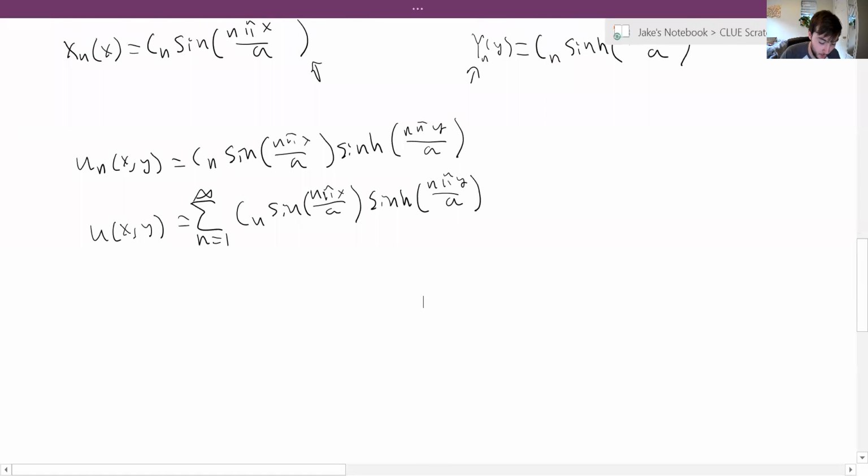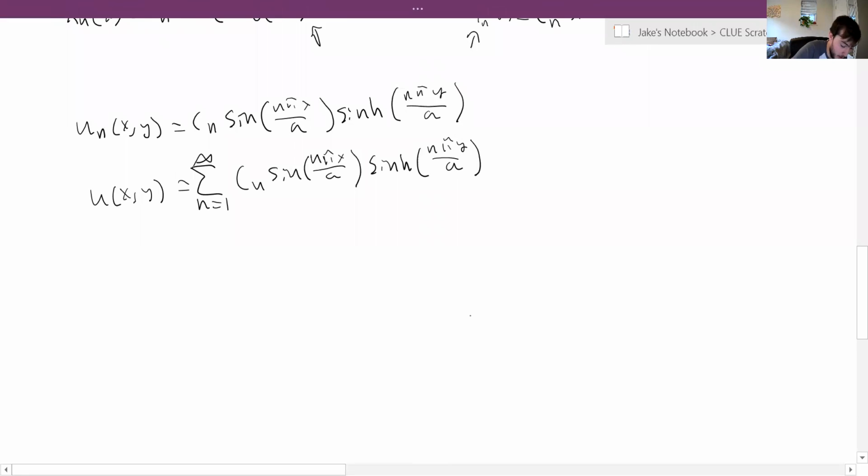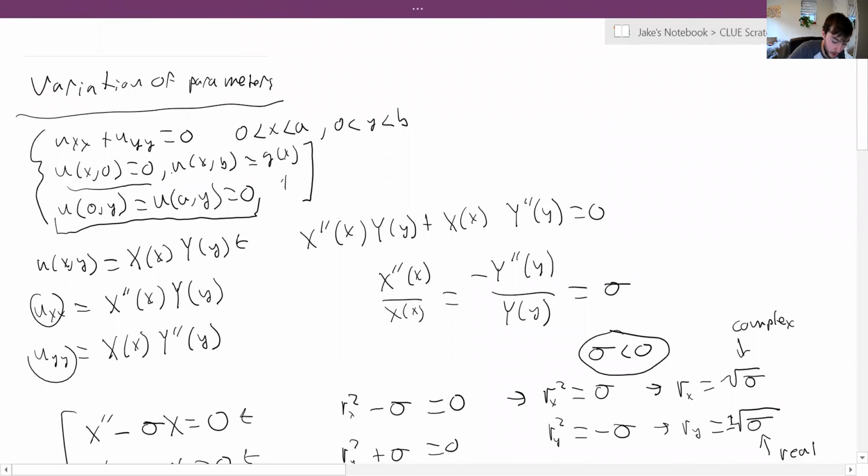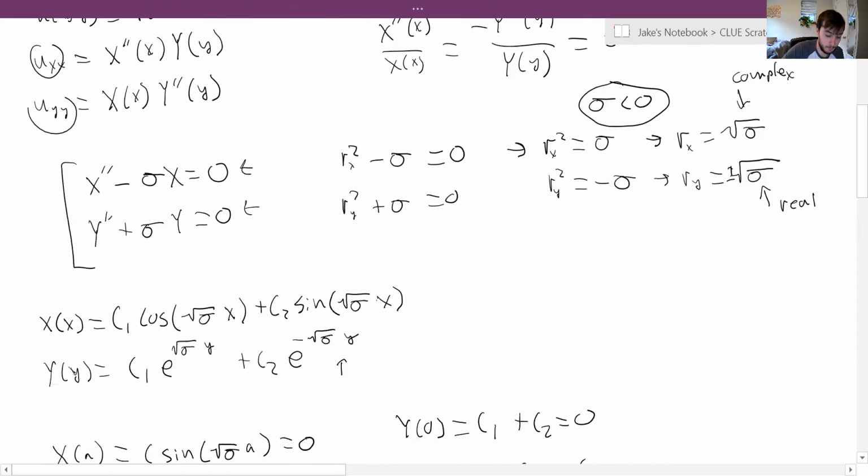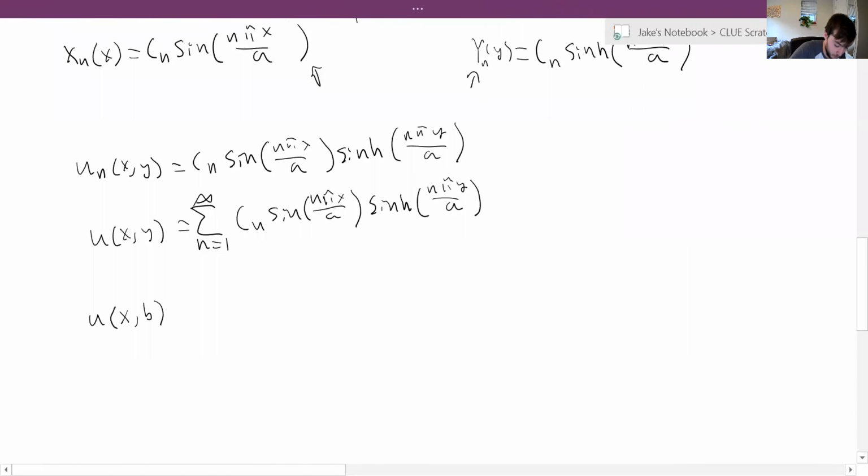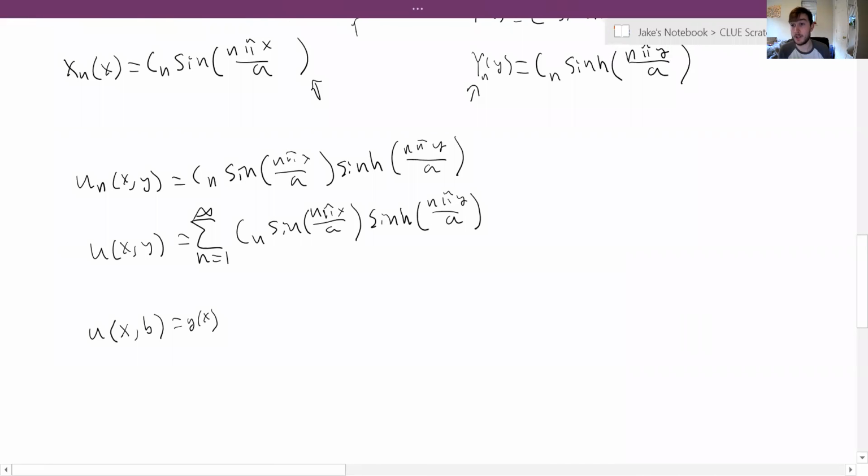Now all we need is our C sub n. So this is where things get a little wild, but we need to employ our final boundary condition. Now remember, our final boundary condition was that u of x comma b equals g of x, where g of x is some function.